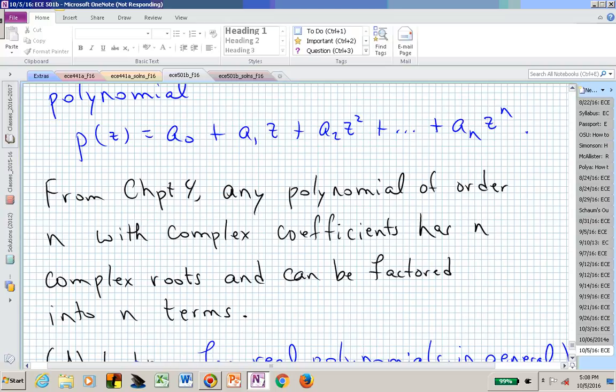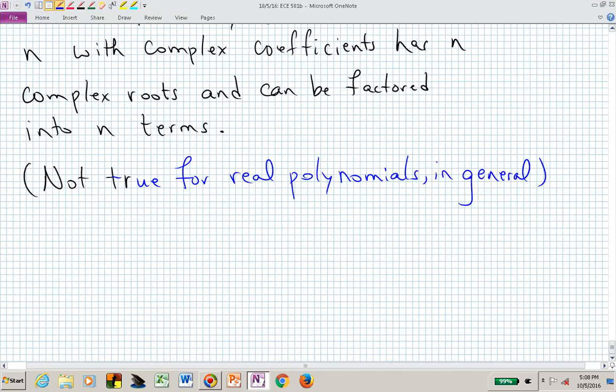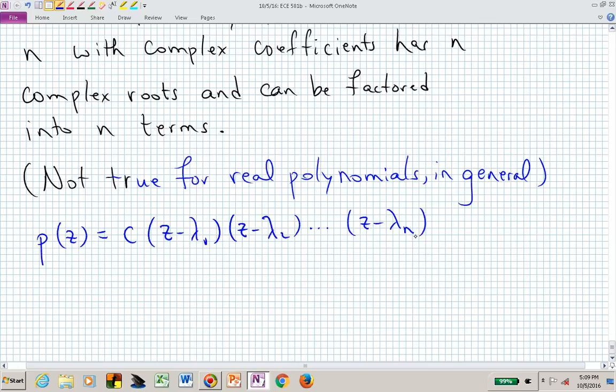So now we're wanting to factor this polynomial, p of z, into, let's say, a constant and these n factors, z minus lambda 1, z minus lambda sub 2, up to z minus lambda sub n. We know we can do that.